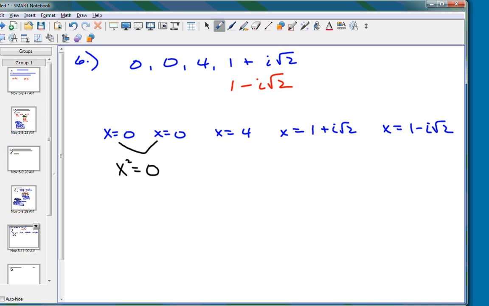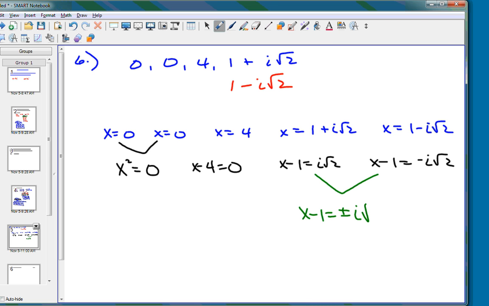Because x times x is x squared, right? This turns out to be x minus 4 is equal to 0. This turns out to be x minus 1 is equal to i square root of 2. This turns out to be x minus 1 is equal to negative i square root of 2. What do those two turn out to be? x minus 1 is equal to plus or minus i square root of 2.